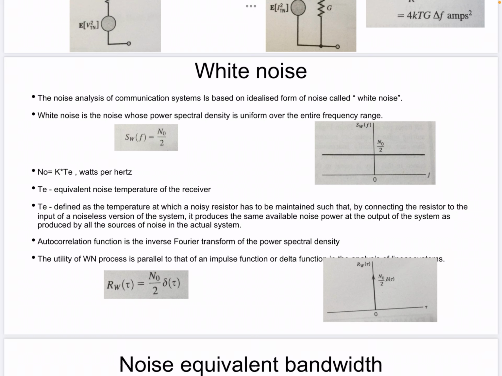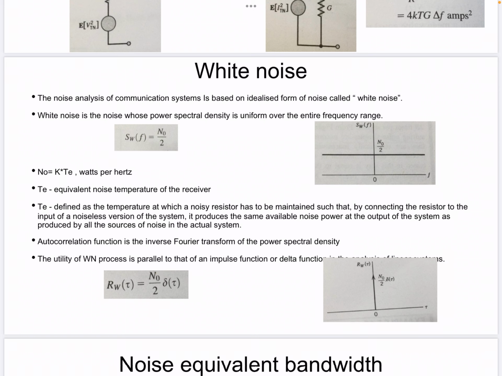T_E is the equivalent noise temperature of the receiver. The equivalent noise temperature of a system is defined as the temperature at which a noisy resistor has to be maintained such that by connecting the resistor to the input of a noiseless version of the system, it produces the same available noise power at the output of the system as that produced by the sources of noise in the actual system.